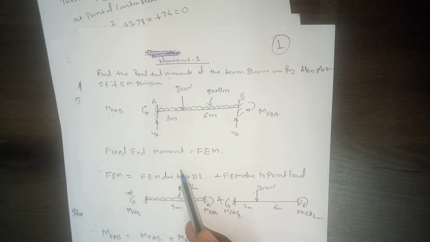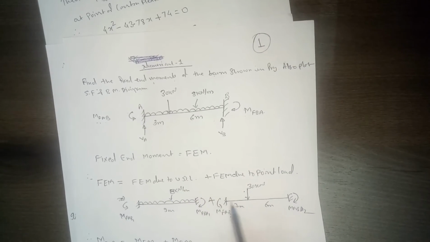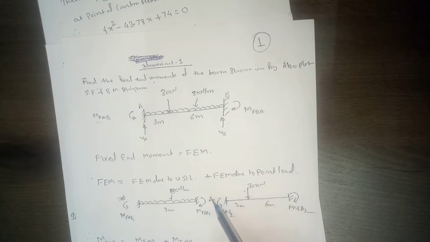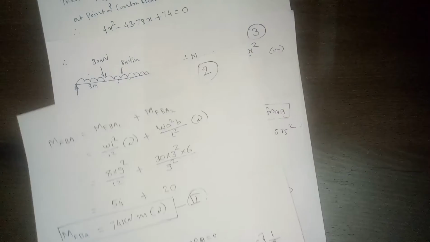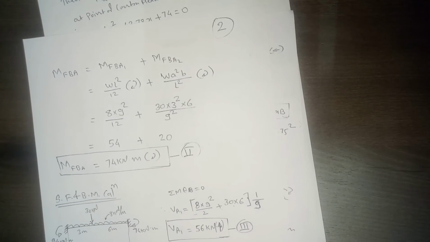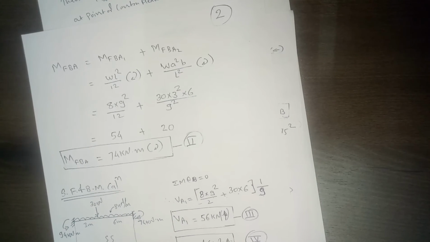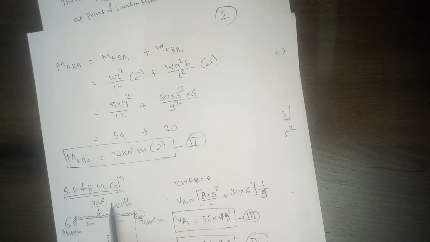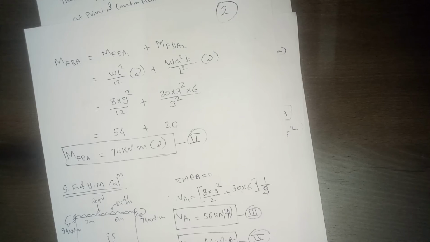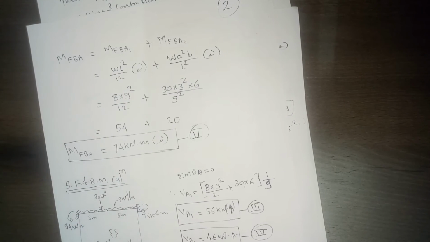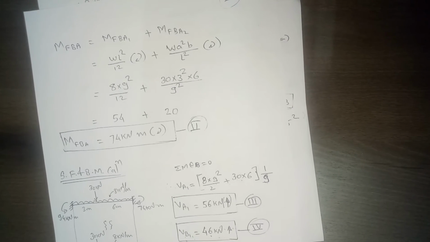You just use a standard formula and you will get the answer. You have to consider the effect of each load separately, and then add them to get the final fixed end moment. For calculating the bending moment diagram, we have to convert this problem into two released beams, again using the principle of superposition.